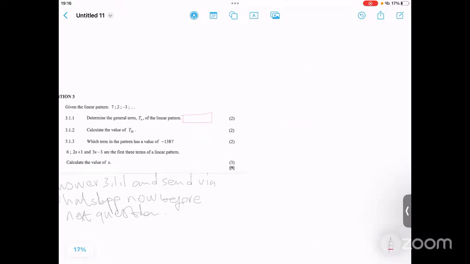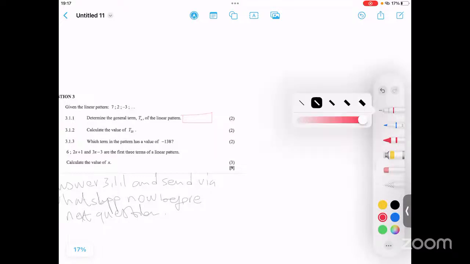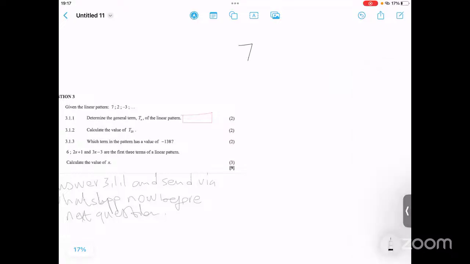Okay, this is what the honorable member has done. The honorable member said, okay, from that given number pattern of 7, 2, and negative 3, and it continues. If you take this and you minus that, it gives you -5.